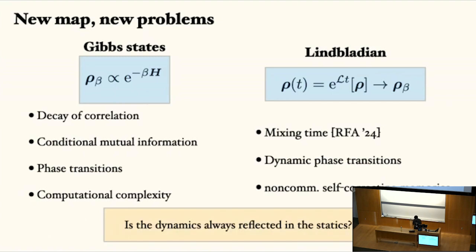So here I would like to advocate that if you're looking for new problems, these newly defined embodiments could be a nice playground to revisit a lot of static problems that people have been thinking about. And it's not really clear whether dynamics should always be reflected in the statics, and perhaps dynamics itself is a more fundamental object.